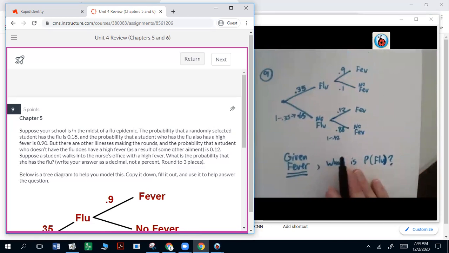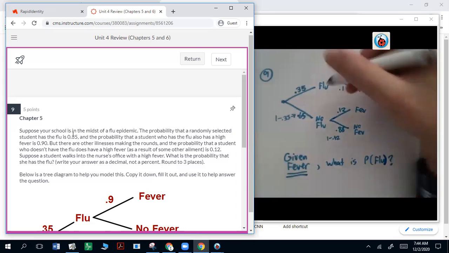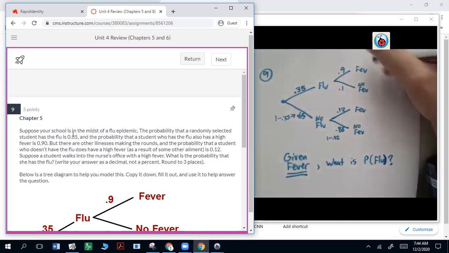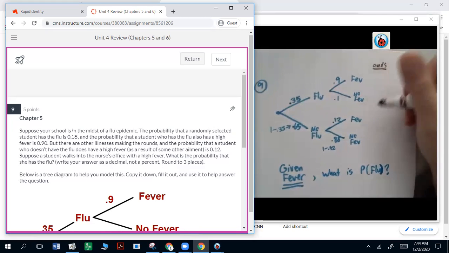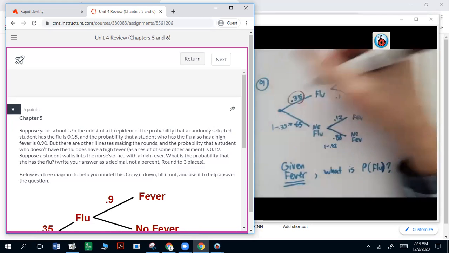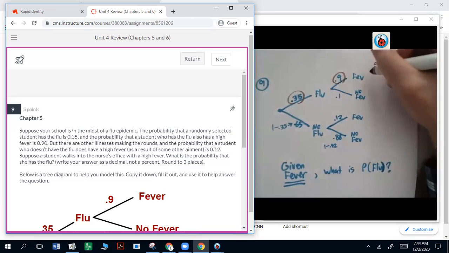So the first thing we want to figure out is, what are going to be those probabilities? What are your ands? Okay, so what is flu and fever?